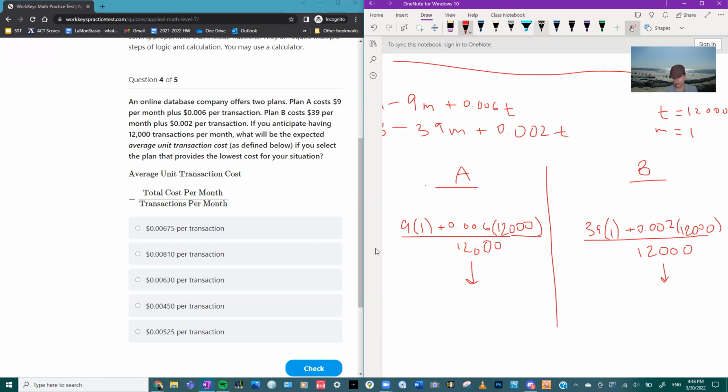But you do 9 times 1, or I'm just going to type in what we see. And remember to do the parentheses. So the first one turns out to be 0.00675. Right, and then the second one, same thing, type it in the calculator with parentheses where you need them.